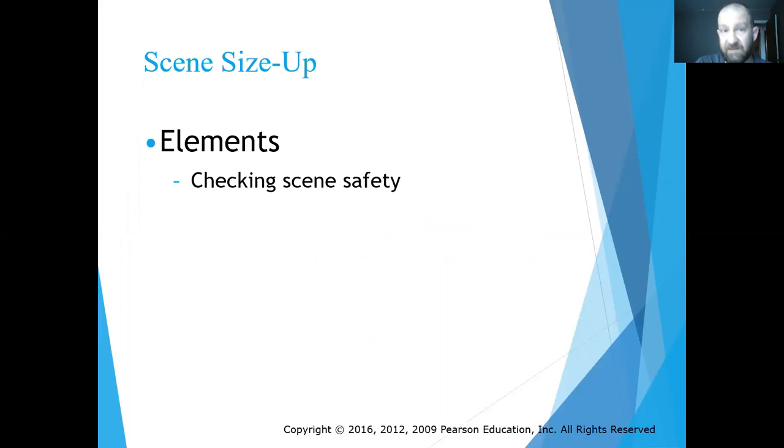The scene size up has several different elements, just like we've seen on our skill sheets. We have to check for scene safety. We're going to take standard precautions. That means your BSI, whatever may be appropriate for that call. Right now, what's going to be standard is gloves and masks.